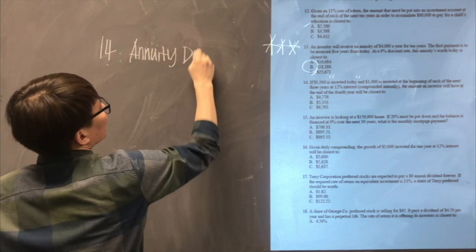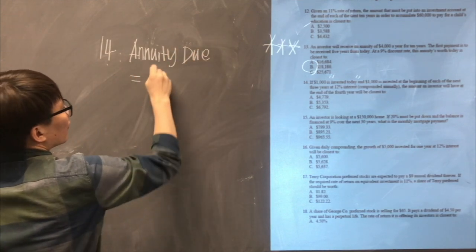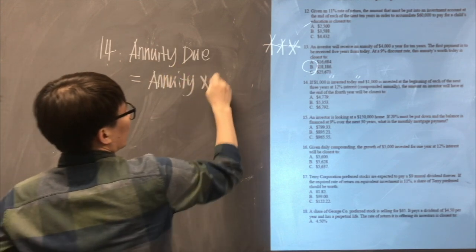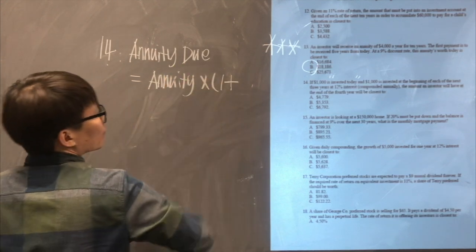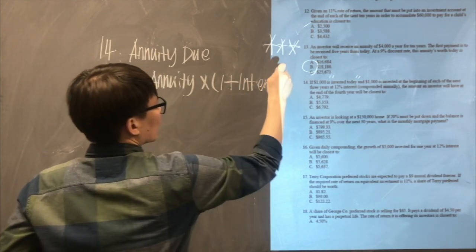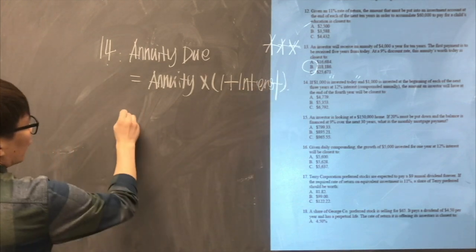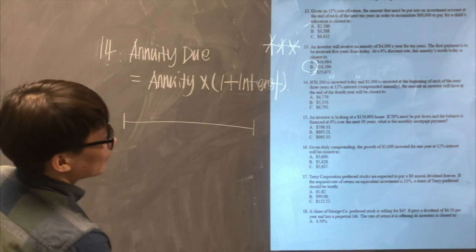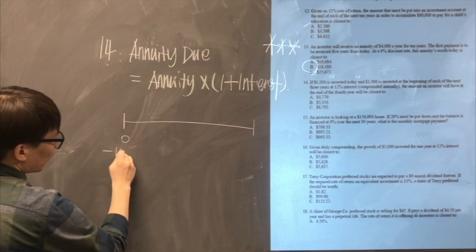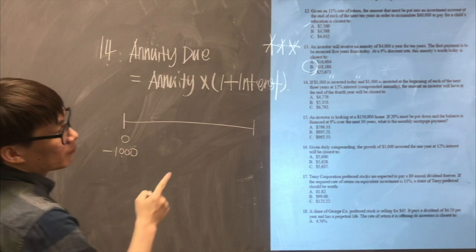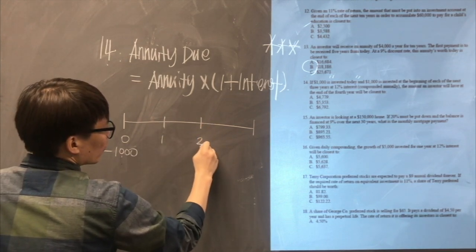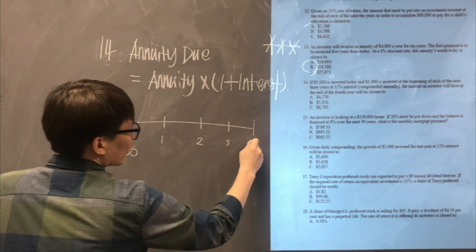Annuity due, and this is it. Normal general annuity multiplied by 1 plus interest. Right? It looks right. 10,000 is invested today. So invested today, but this will be a negative number because you invest a certain amount of money over the next 3 years. 1, 2, 3, 4.